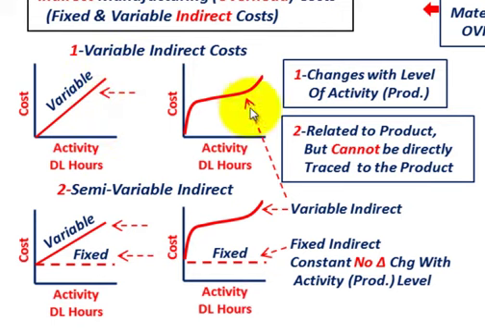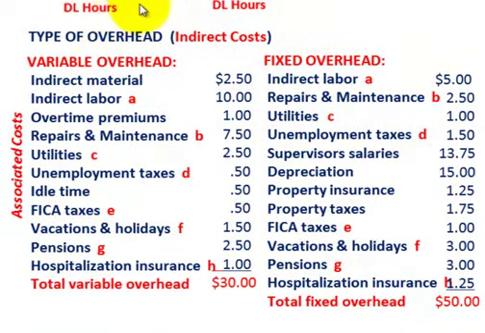So these are not directly traceable, but yet they are assignable as indirect costs. And then we have the semi-variable indirect costs, where each has a fixed component and also a variable component. So the fixed indirect cost is really constant. It does not change with any activity level or production level. So now let's go through a list for each of these.